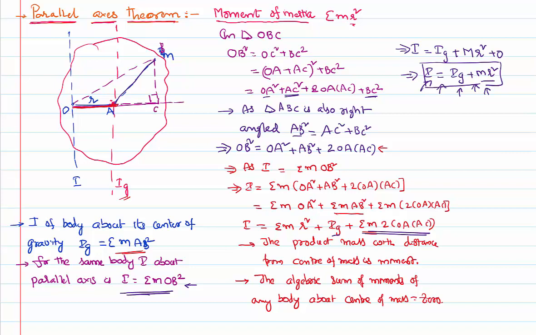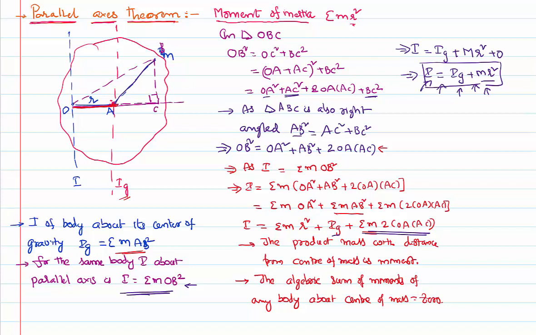It means to say, if I know Ig, if I know m, and if I know r, I can calculate the I without going for the elaborate integration or a tough process to find the moment of inertia of any body. That's how the parallel axis theorem helps you in determining moment of inertia easily.